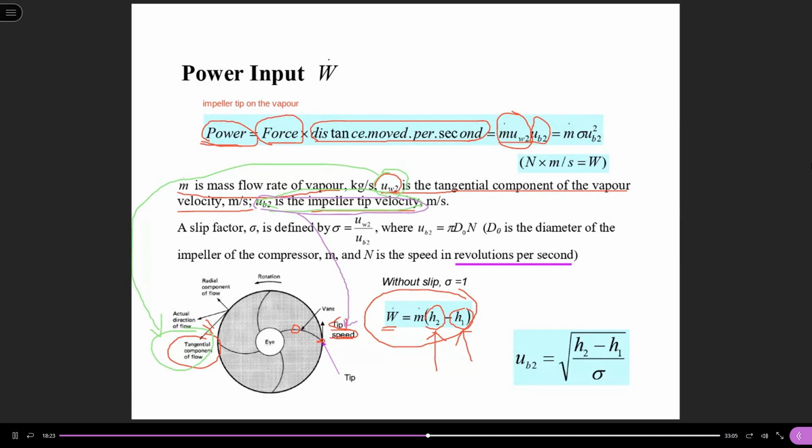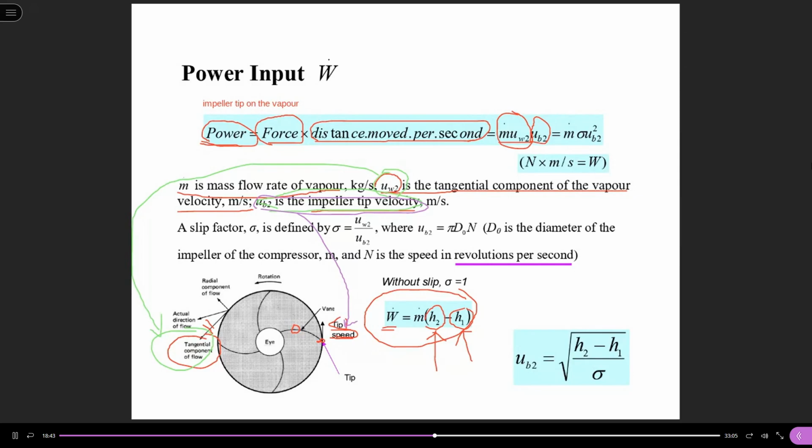And then you may be curious about these two velocities, why they are not the same. Because this is the impeller tip velocity, ideally it shall be equal to the tangential component of the flow velocity.